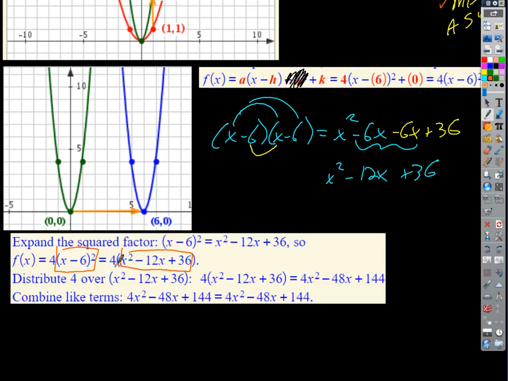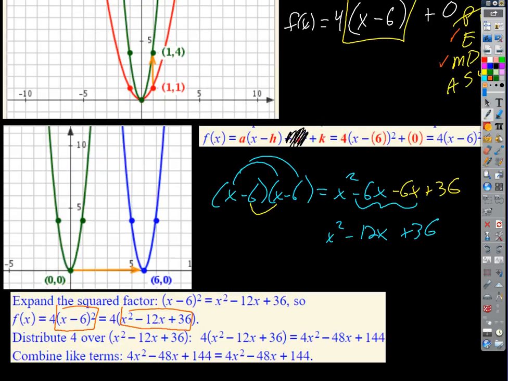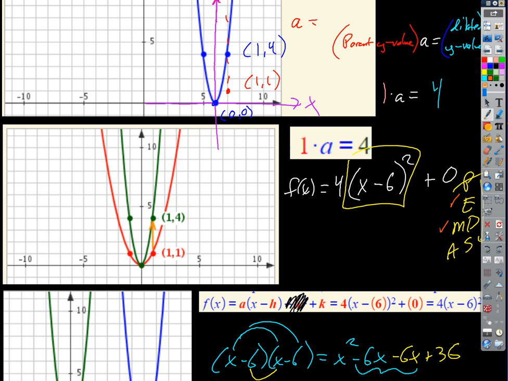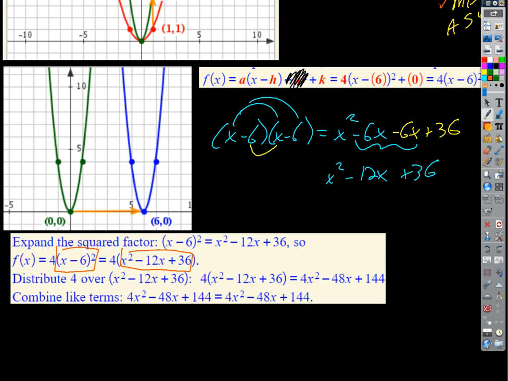I'm going to distribute the 4 all the way through, so I get 4x squared minus 48x plus 144. The last step is add, and this time I don't have anything to add, because my other number was a 0. But if it had been like a 5, I would have added the 5 to the 144, and that would have been my final answer. That's no big deal.